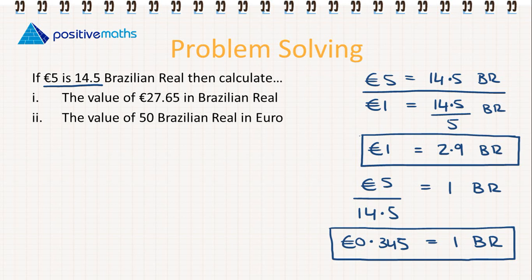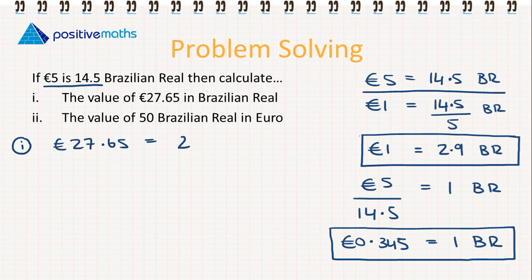Before even starting 1 and 2, I have found the value for €1 and I have found the value of 1 Brazilian real. So now it will make the next 2 parts much easier. Now we are looking for €27 and 65 cents.